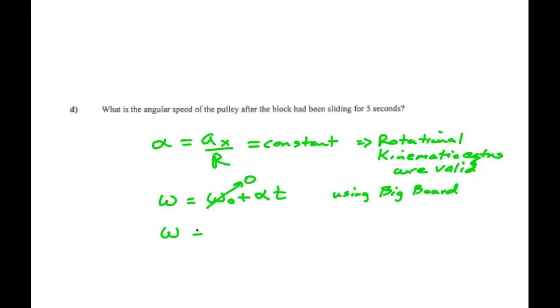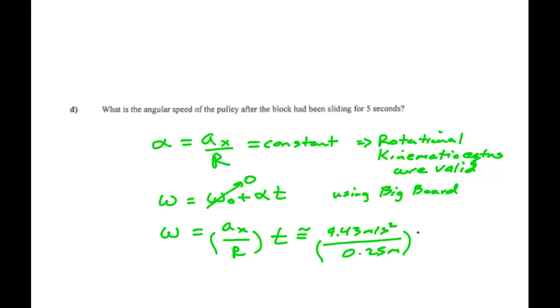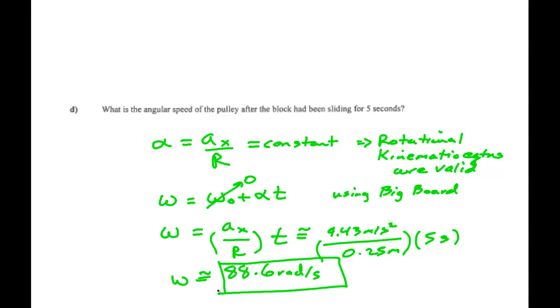This means omega is equal to A_x over R times t, and that's 4.43 meters per second squared divided by 0.25 meters, and then times 5 seconds. And when you do all of that, you come up with 88.6 rad per sec. And that's the answer to that. And that's all there is to this problem. See you on another video.